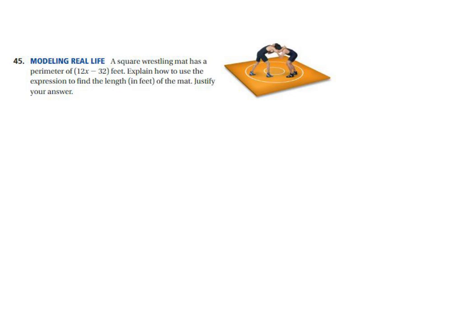Modeling real life. A square wrestling mat has a perimeter of 12x minus 32. Explain how to use the expression to find the length in feet of the mat and justify your answer. So we have 12x minus 32 as the perimeter, and we know that perimeter is side plus side plus side plus side.